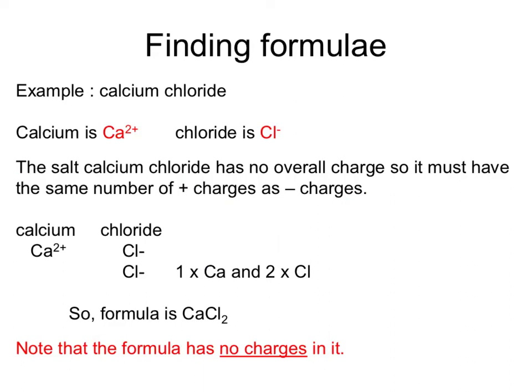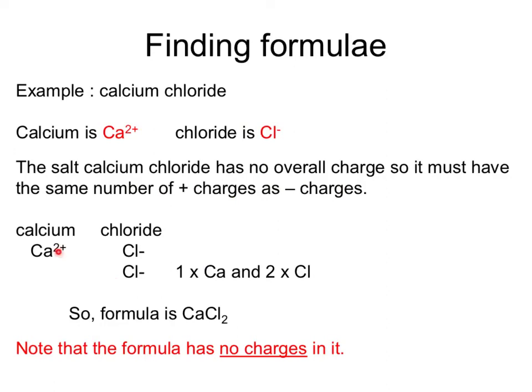Let's work out the formula of calcium chloride, given that we know that the calcium ion is Ca2+, and the chloride ion is Cl-. Now overall, the salt calcium chloride has no charge, so it must have the same number of positive charges as minus charges. Now there can't be a 1-to-1 ratio, because if there were, there'd be 1+ left over. So the only way that we can get the charges to balance is if we have 1 calcium to 2 chloride ions.